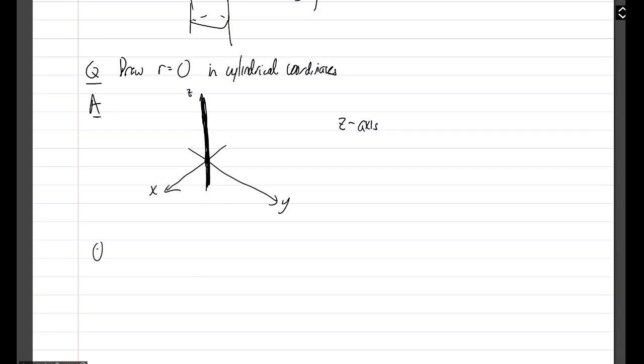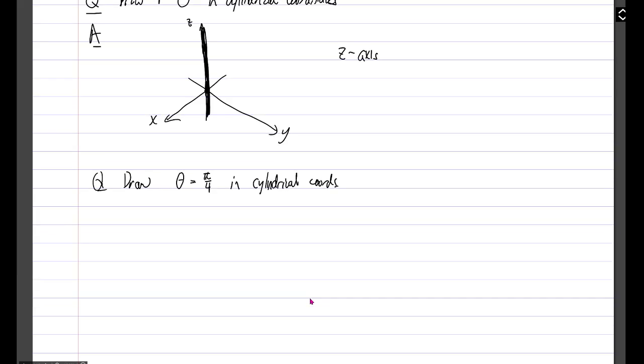Okay, let's draw theta equals pi over 4 in cylindrical coordinates. Now we already did theta equals pi over 4 in polar coordinates, but in cylindrical coordinates, let's think about what this has to be. X-axis, y-axis, z-axis. Well, we had earlier this line right here.